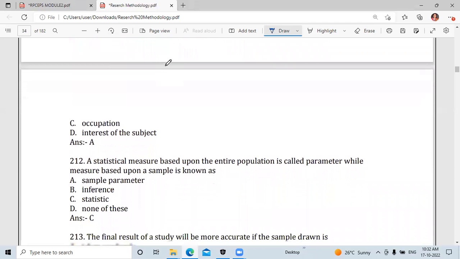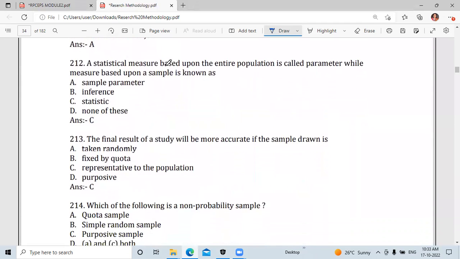A statistical measure based upon the entire population is called parameter, while a measure based upon a sample is known as statistic.